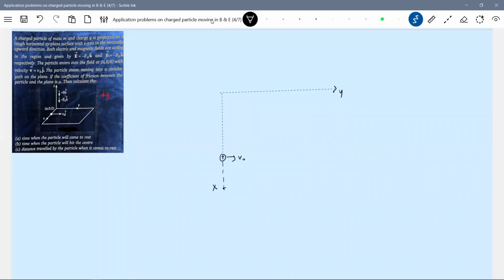The magnetic field will be into the plane, and the electric field will also be into the plane. We'll convert into a plane diagram. Then one more rough diagram you can keep. There's a rough horizontal surface.